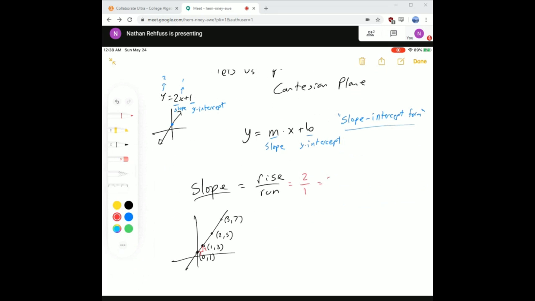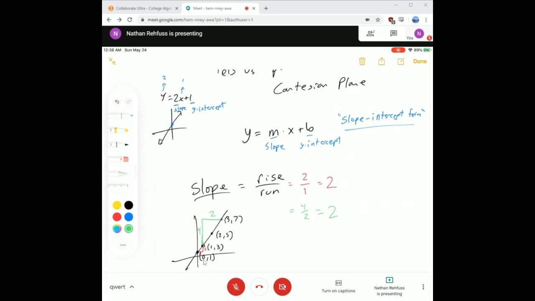So the slope is 2. Or if I went from 1, 3 to 3, 7, I went 2 to the right and 7 minus 3 is 4 up. So I could also say it's 4 over 2. Well, that's also 2. So it's a different rise and a different run, but the ratio is the same. For every 1 run you do, you're going to get 2 rise. The slope of a line is the same everywhere you look on the line. Doesn't matter which points you measure it from.